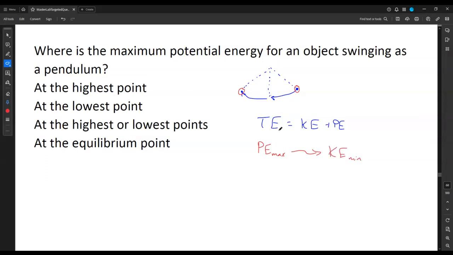If these are adding to some constant total, then the smaller this goes, the more energy is turning into potential, and the more the potential is going to grow. So I want minimum kinetic energy, which happens when it's still at the beginning and still at the end of the first half of that arc. And so that's going to give me my maximum potential energy at the highest point.